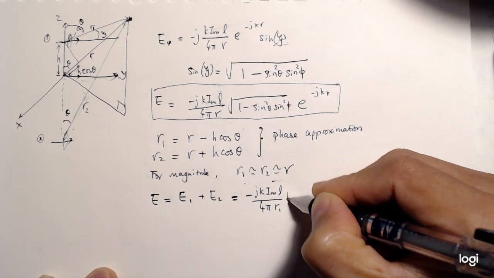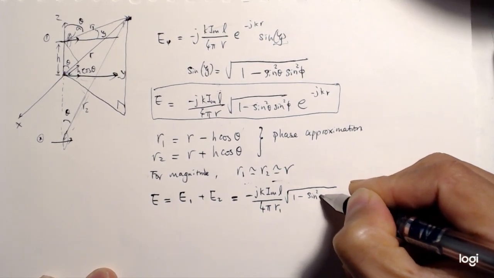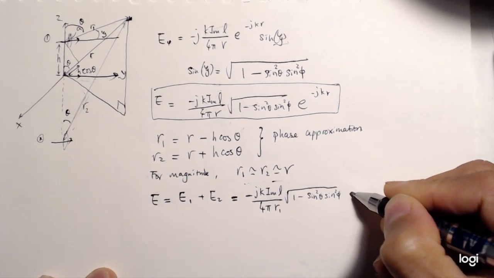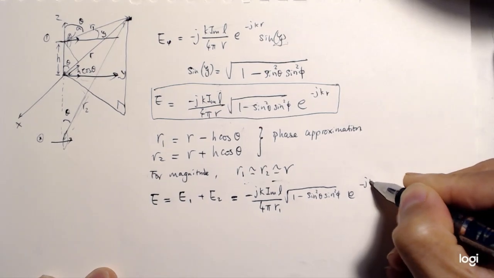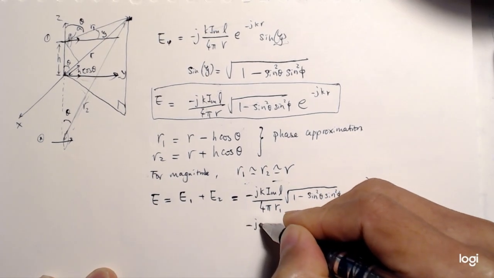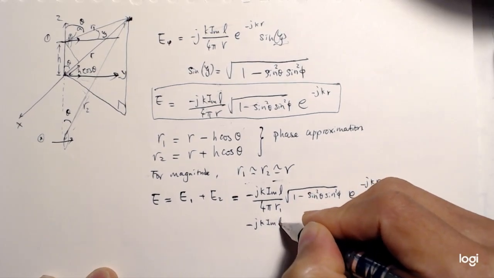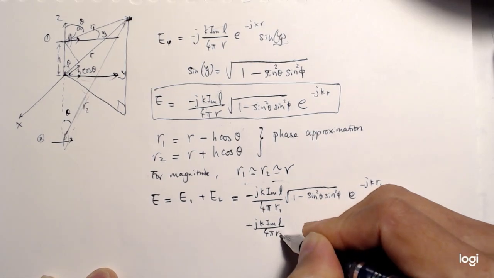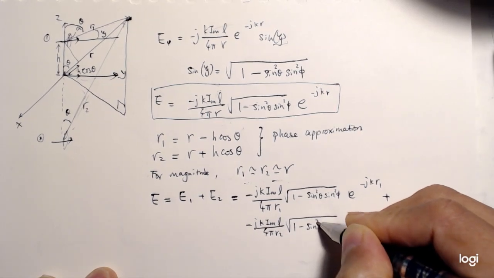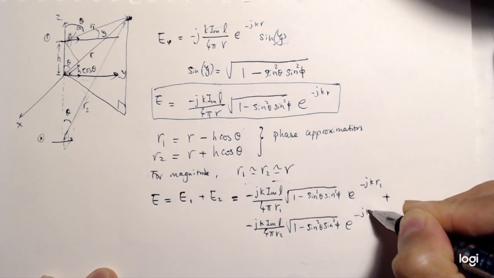And this one, jkIml over 4 pi R1, and then this sine of psi, and then e^(-jkR1) plus another, with R2, 1 minus, and then R2.